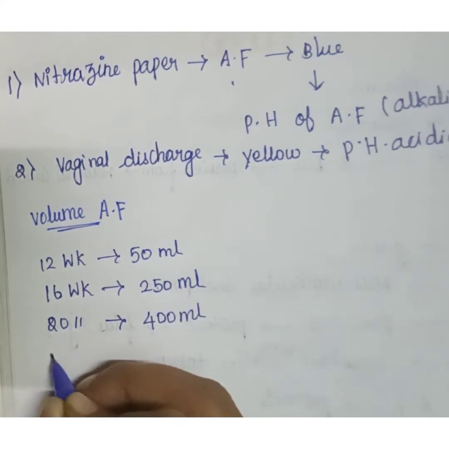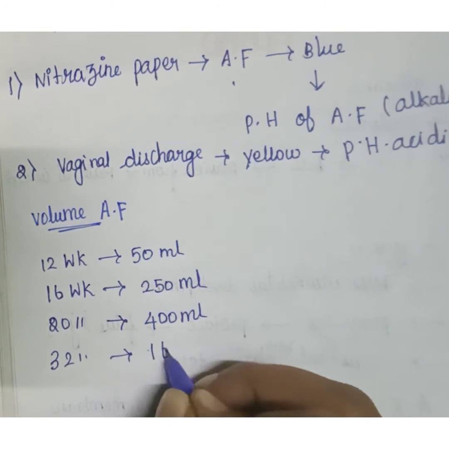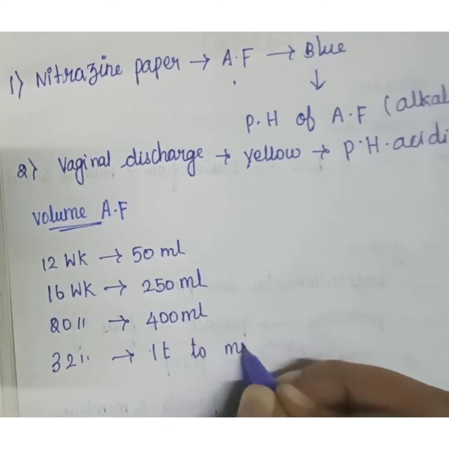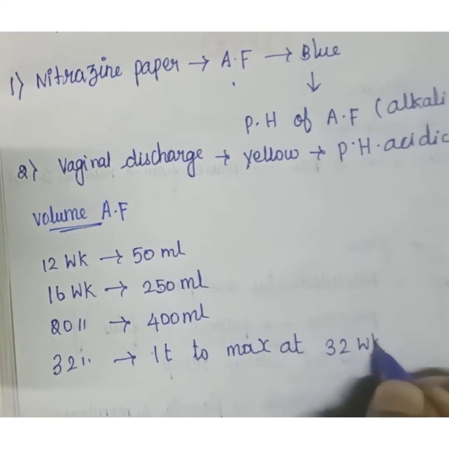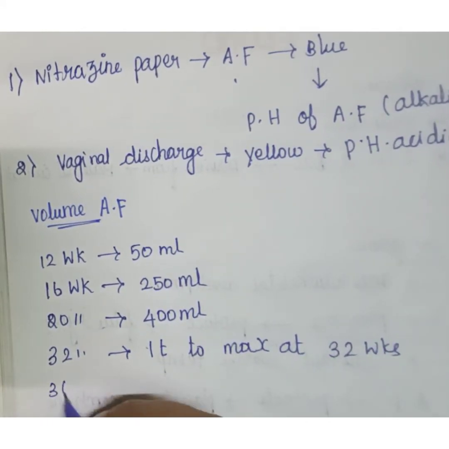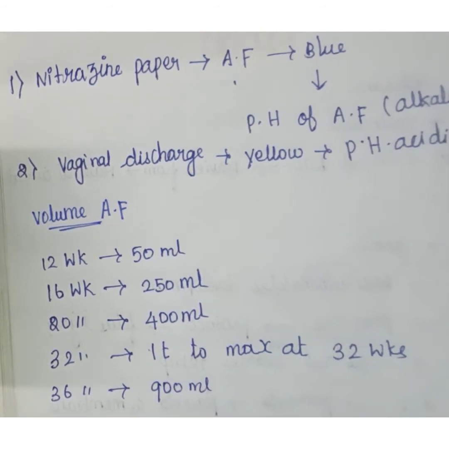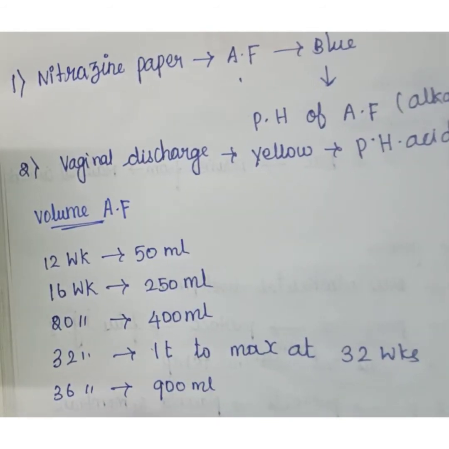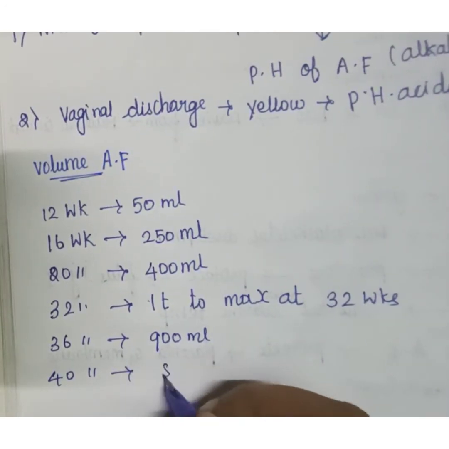At 32 weeks the volume is 1 liter, the maximum. At 36 weeks it is 900 ml, and at 40 weeks the volume is 800 ml.